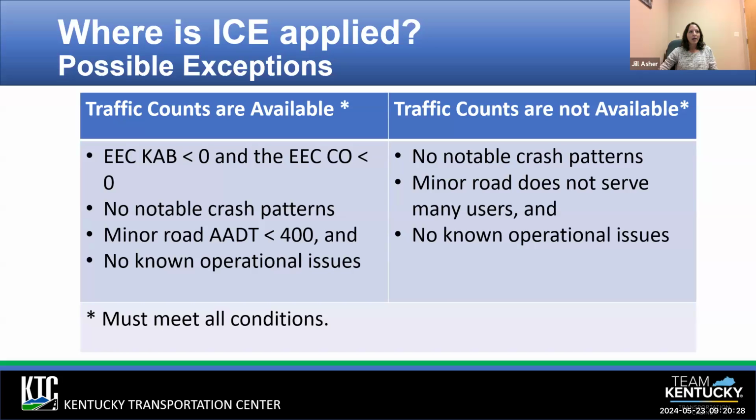But if that is less than 0, if you have no notable crash patterns, the minor road AADT is less than 400, and there's really not any operational issues, then you can just document that, and you probably wouldn't have to do an ICE. If you don't have traffic counts on your side streets, but you know that there's no notable crash patterns, the minor road doesn't serve any users, and there's no known operational issues, you probably don't need to do an ICE.